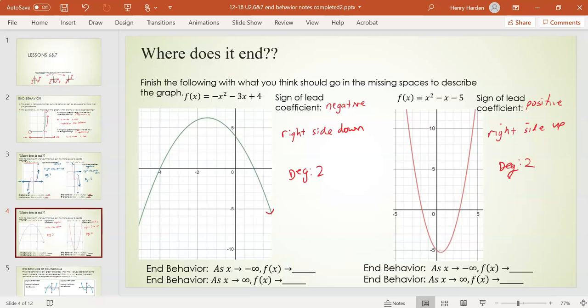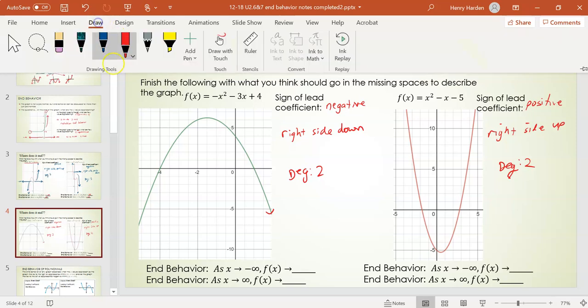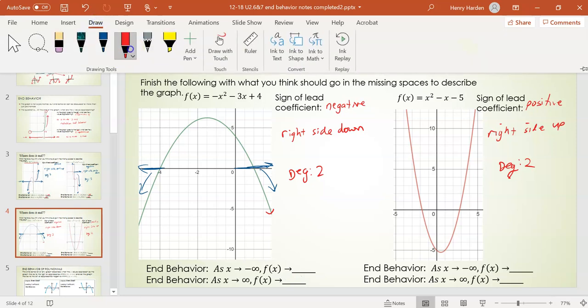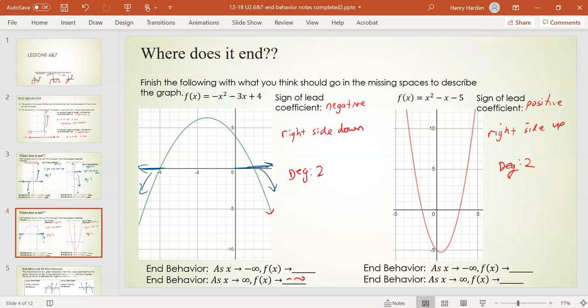So as x approaches positive infinity, so as we go to the right, as we go this direction, this side points down. And then as we go this direction, this side points down as well. And so this side is negative infinity, and this side's negative infinity as well.